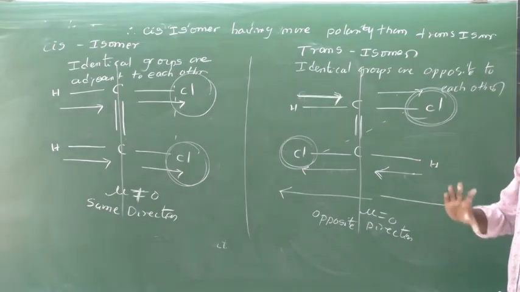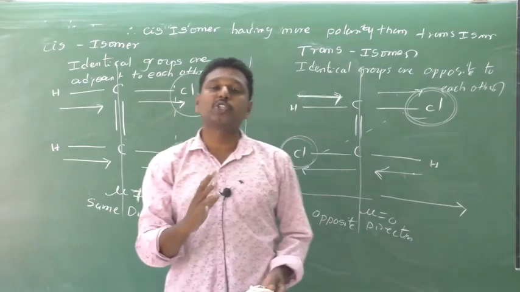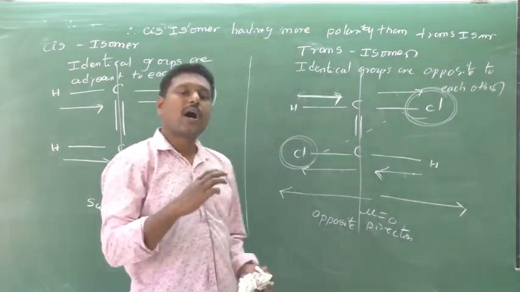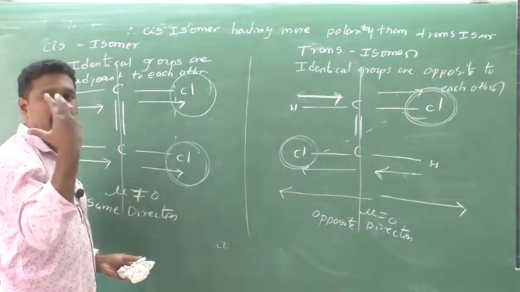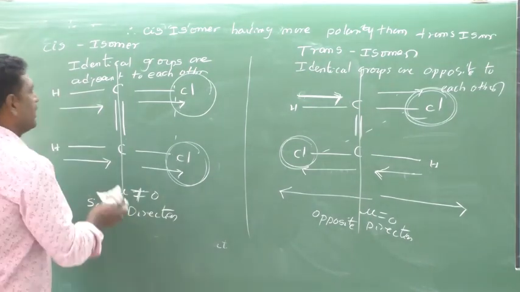After that, we will compare the dipole moments of ortho, meta and para isomers, and see which one has more polarity. I will explain here.